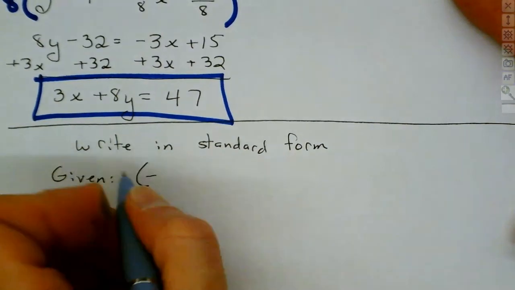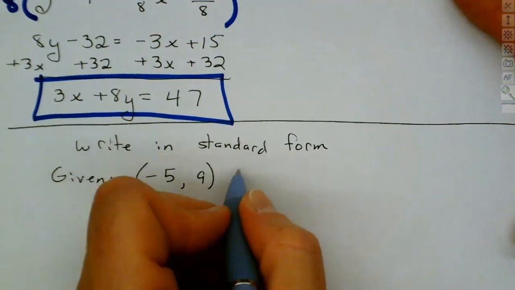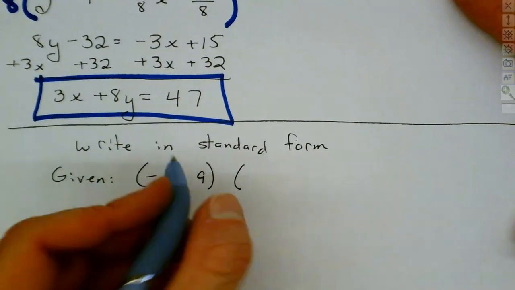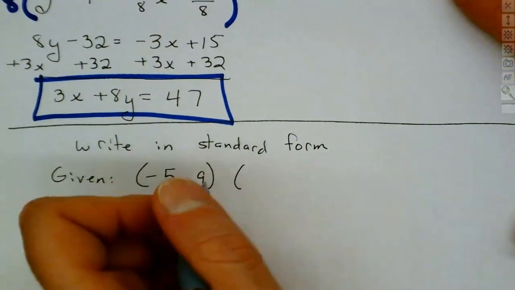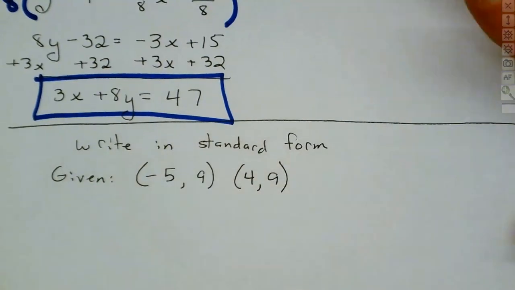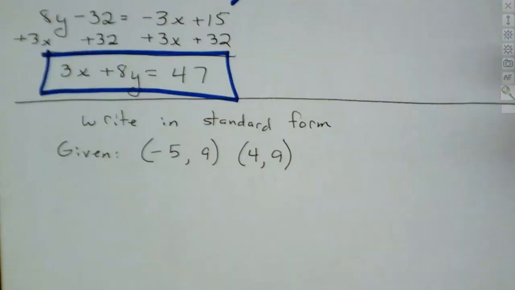How about minus 5, positive 9, and how about 4, positive 9. So I want you to, again, write this one in standard form.